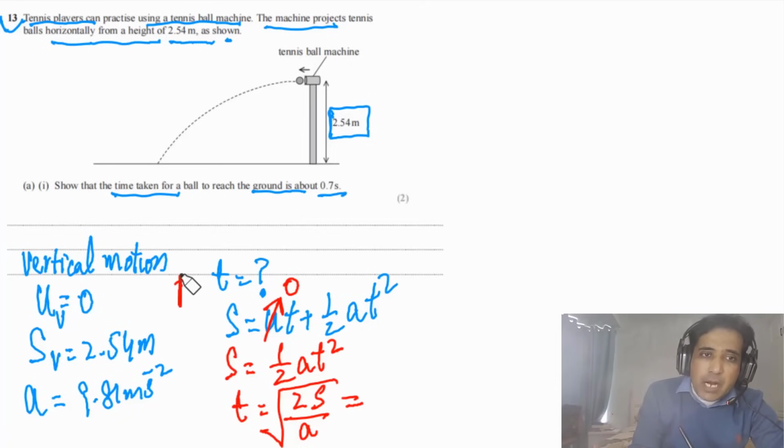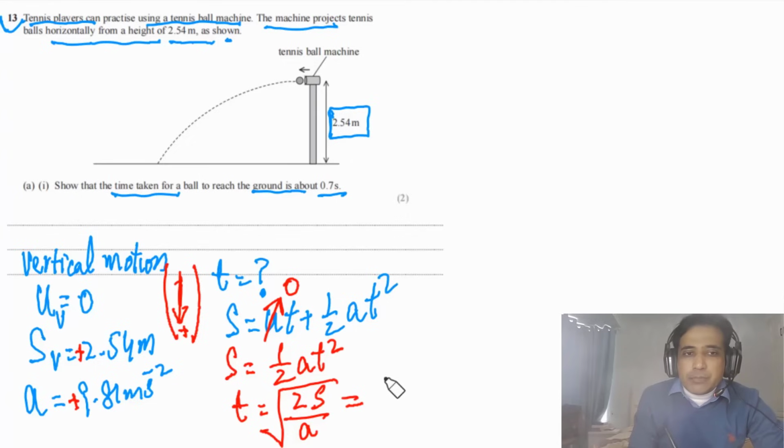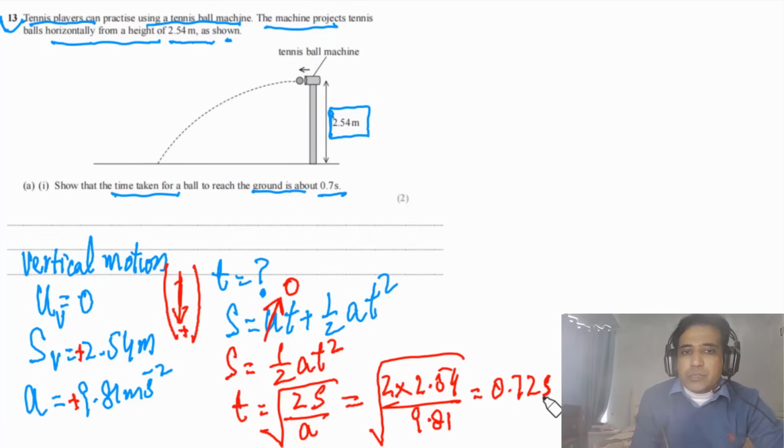Even if I take up as positive, negative will cancel with negative. For simplicity I'm taking down as positive, so the displacement is positive and the acceleration is also positive. So t = square root of 2 times 2.54 divided by 9.81, and if we solve, that will be equal to 0.72 seconds. So this is how we can answer.